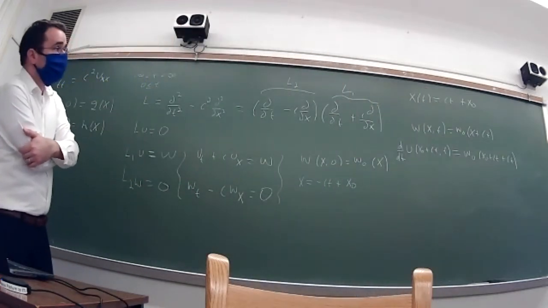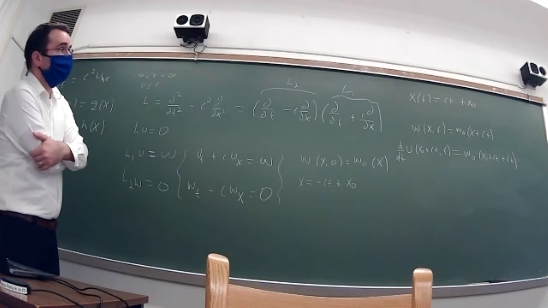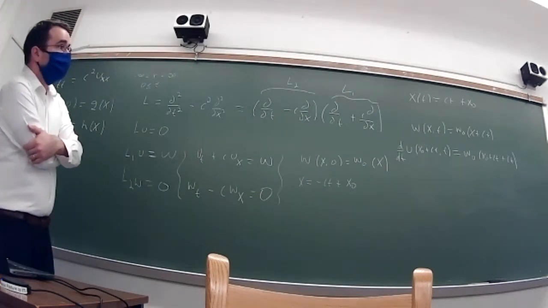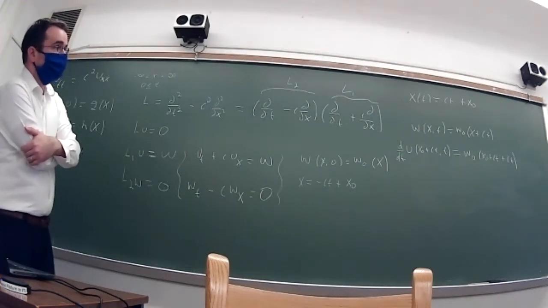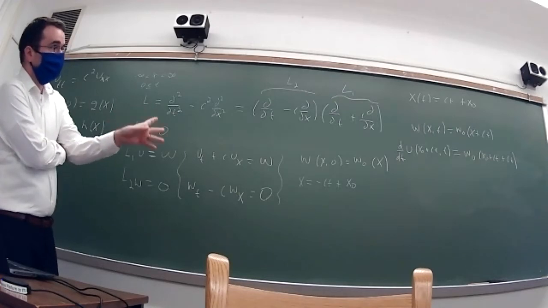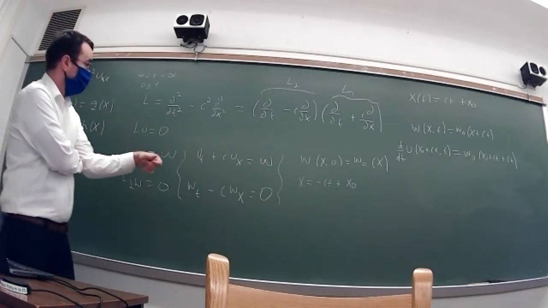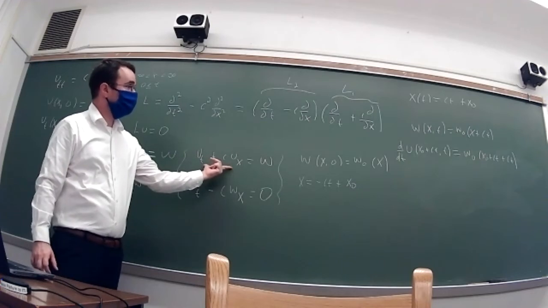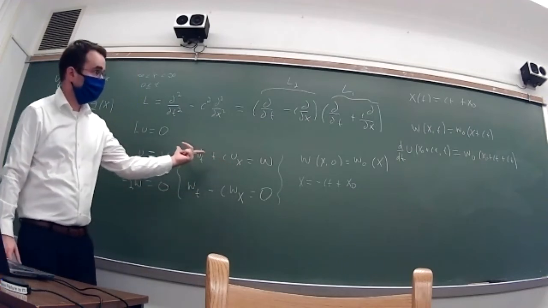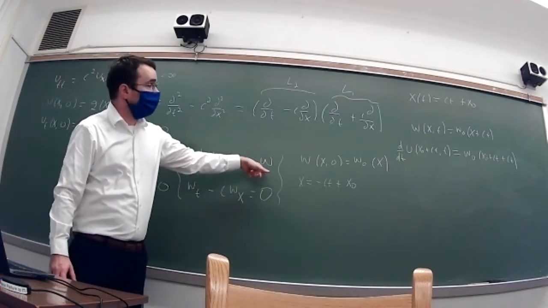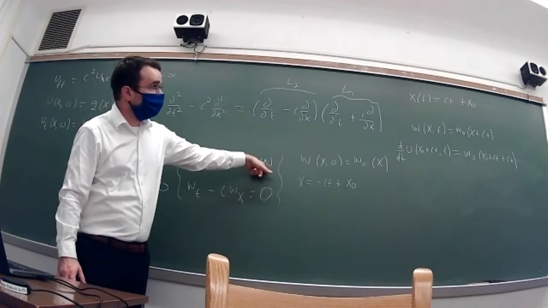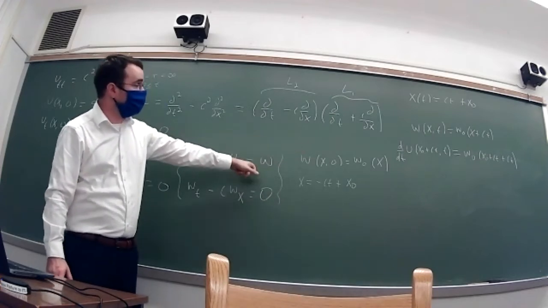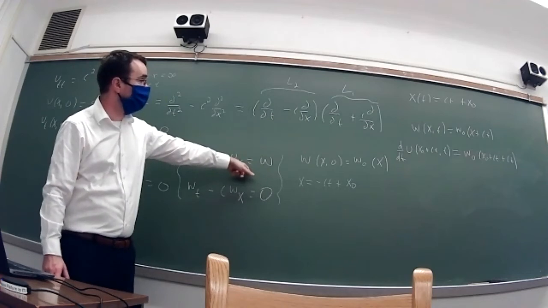So the process, this time you find the characteristic line x equals ct. Then you realize through the chain rule that d/dt of u with x of t plugged in is this left-hand side of the equation. And that's now equal to w, but once again, with x of t plugged in.